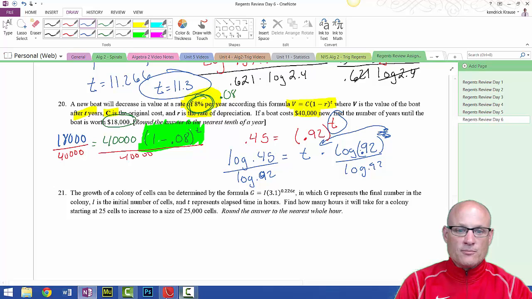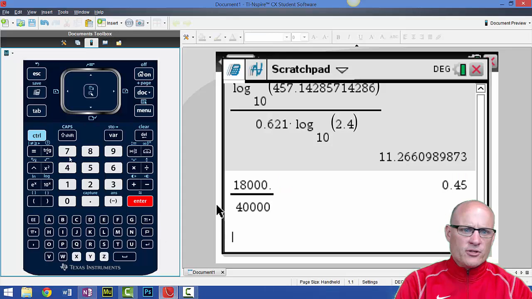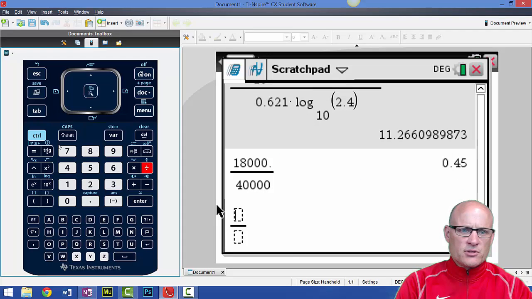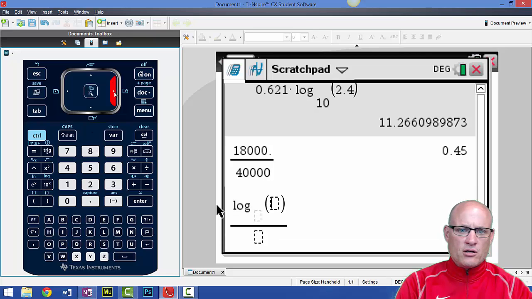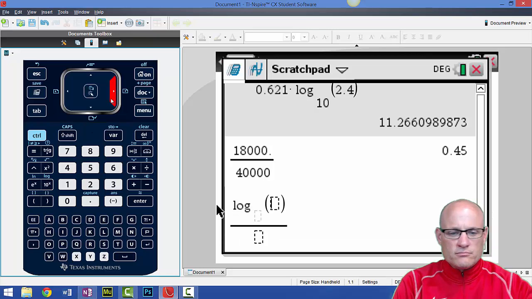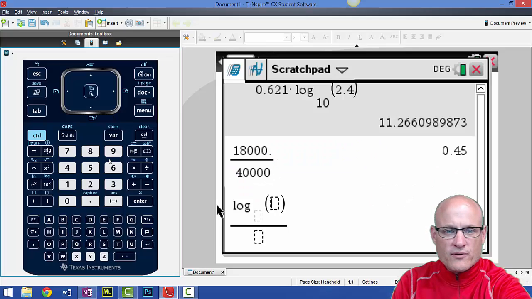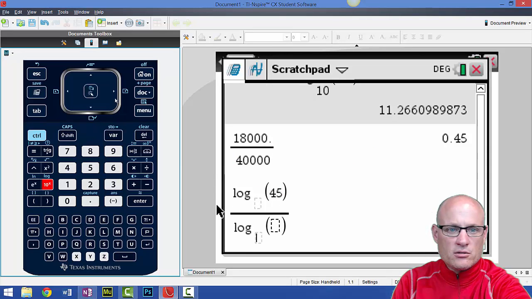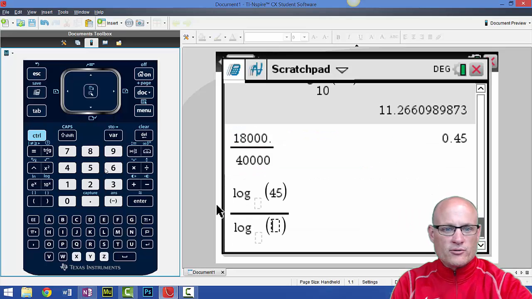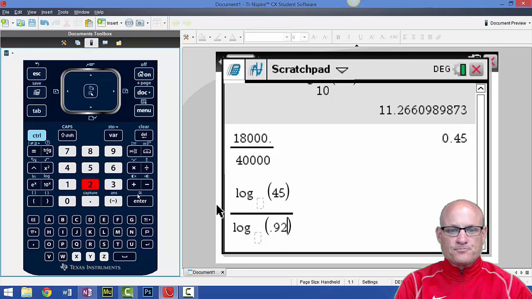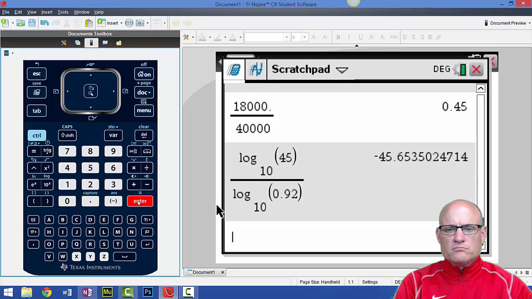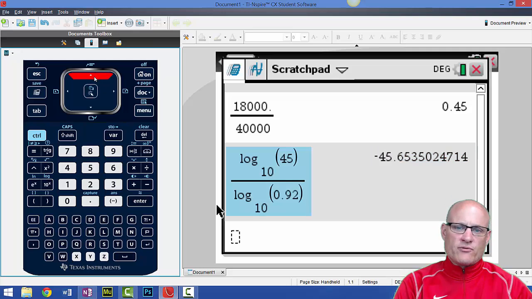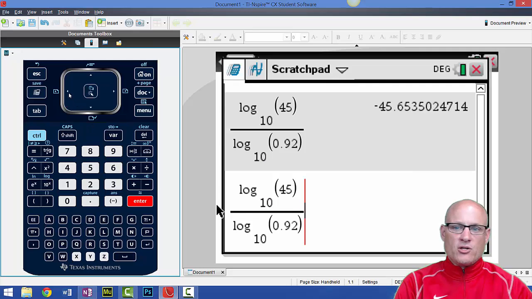So control division, control log of 45 divided by control log 0.92. Oh, it wasn't 45, it was 0.45. That wasn't very smart.